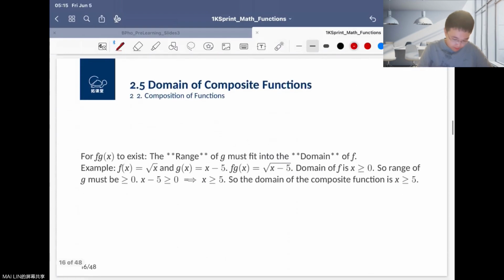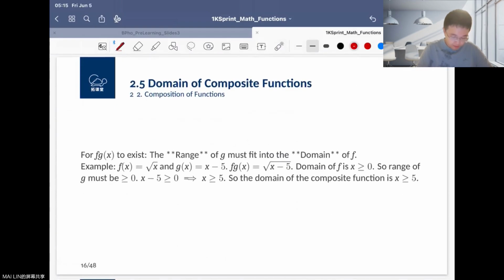We can also consider the domain of a composite function. If f(g(x)) exists, the range of g must fit into the domain of f, okay? For example, f(x) = square root of x and g(x) = x − 5. You put x − 5 into the square root, so we understand it as the square root of (x − 5).